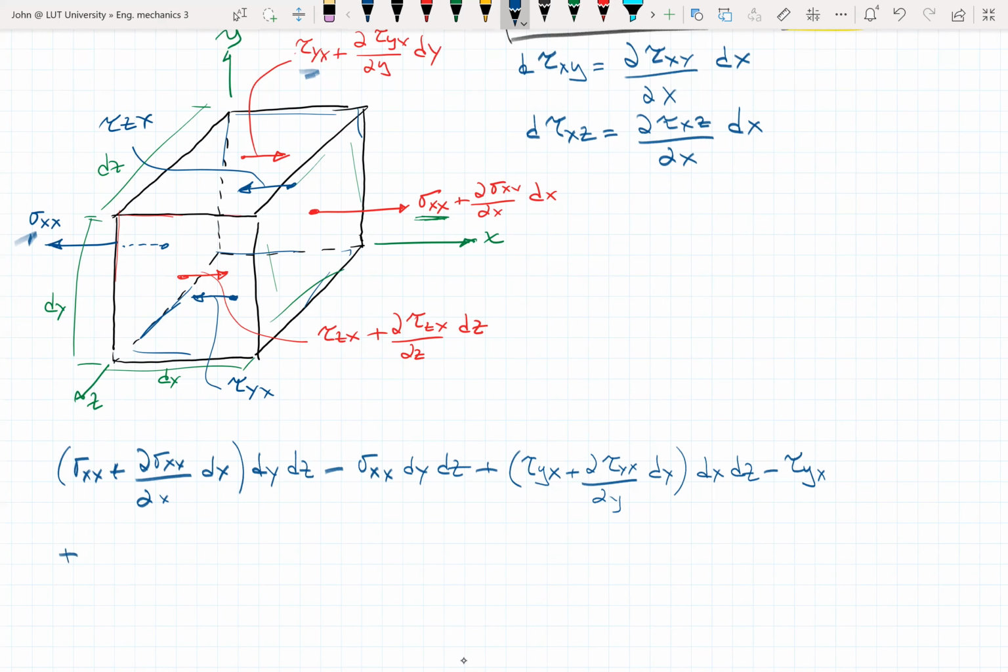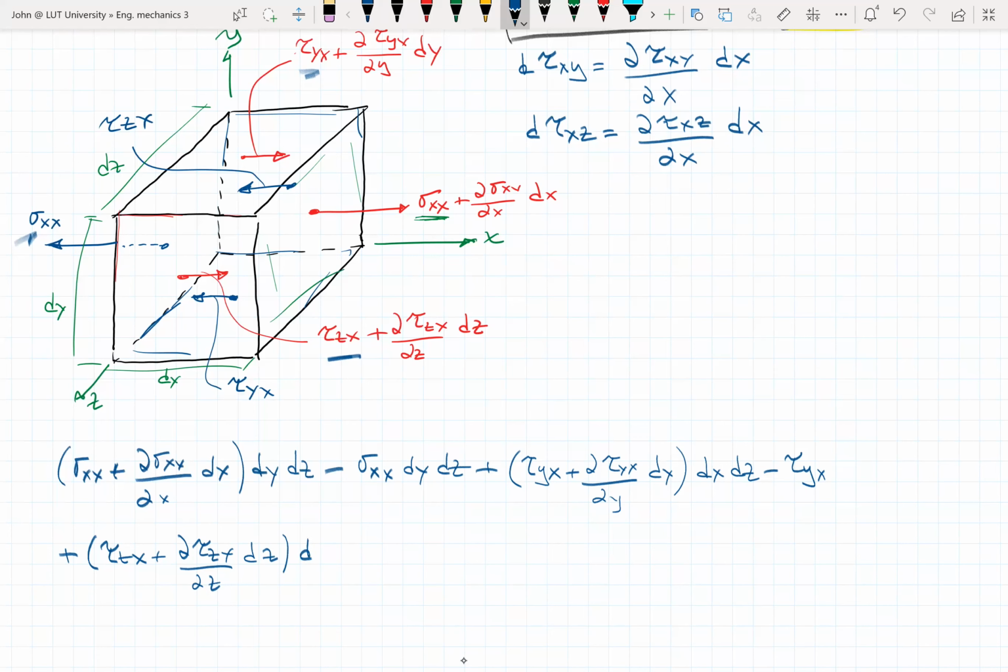Plus tau zx plus the increment, the partial of tau zx divided by partial z times dz, multiplied by the area where this stress is applied, and the dimensions of that area are dx times dy.